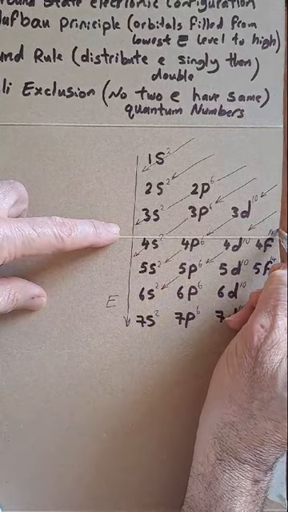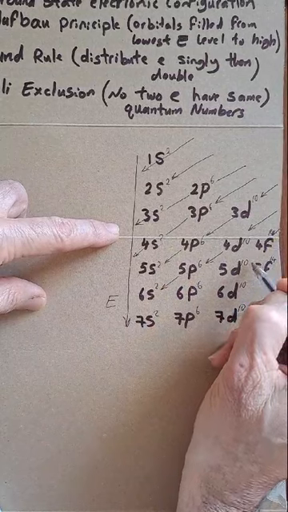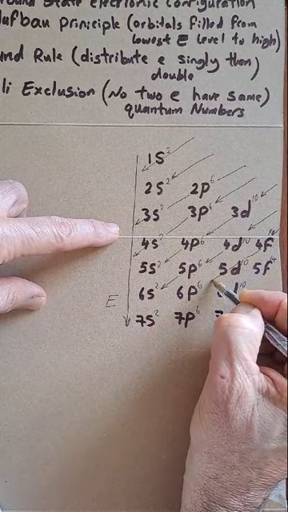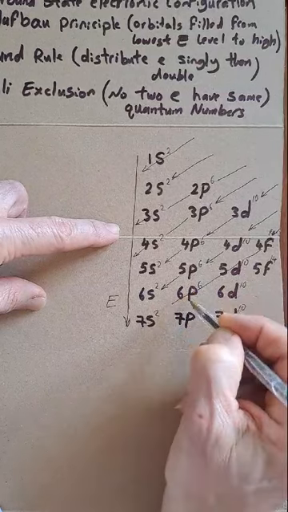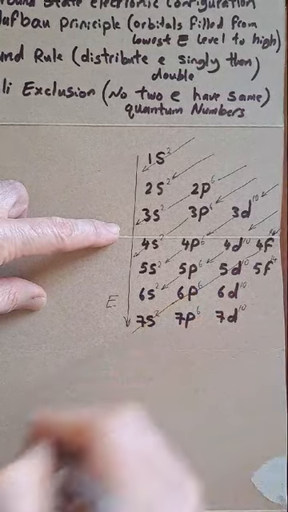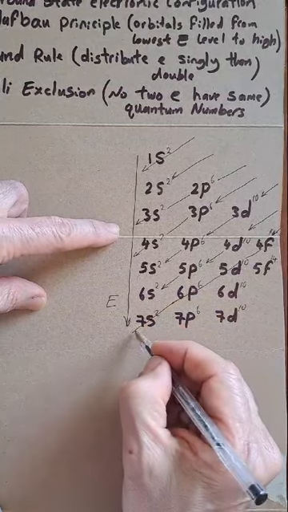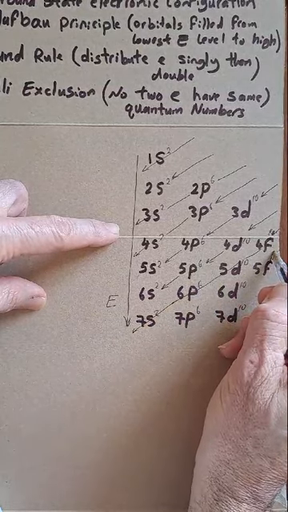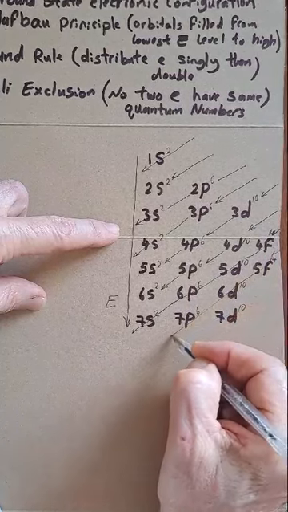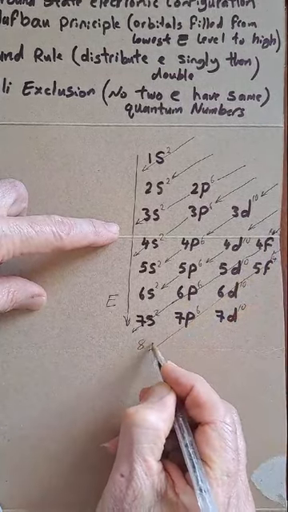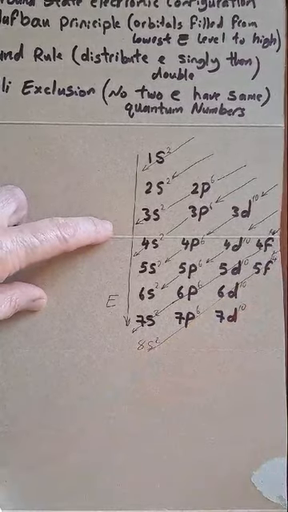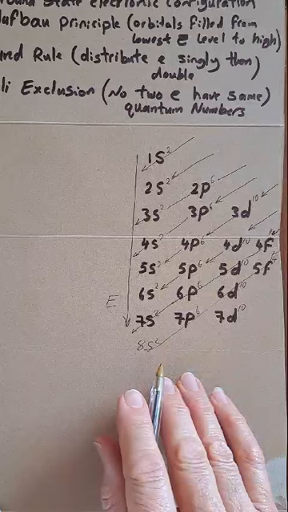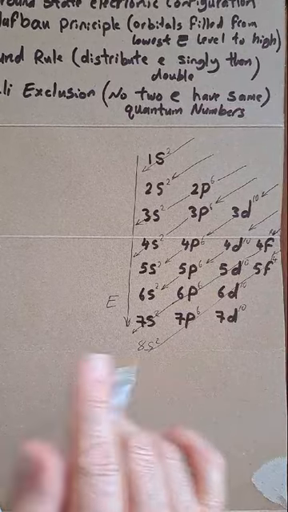And then we come to 4f14, 5d, 6s, 6p, 7s. And then we come back to 5f and so on for the rest. So this is the order of how to put the electron configuration.